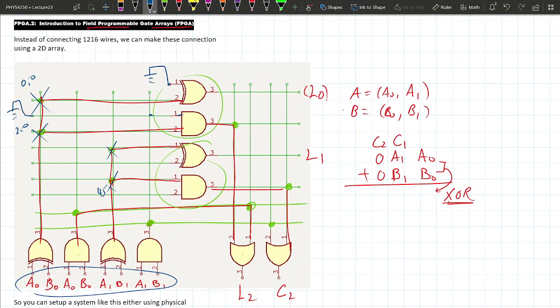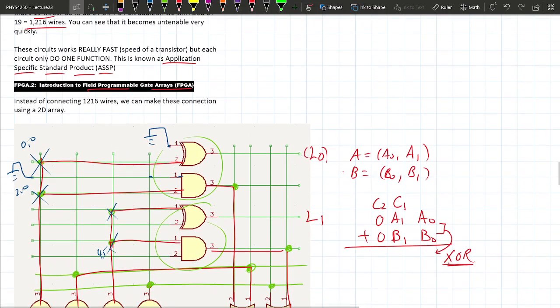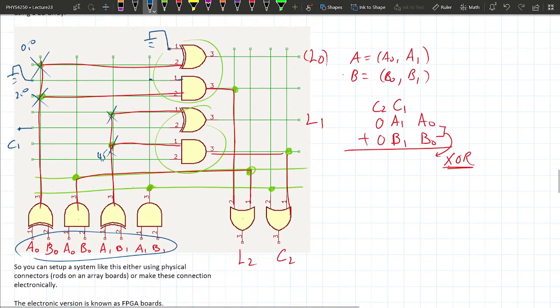Sorry. And then similarly, the second one, this second one will actually be the carry in from the first bit. So there are wires that you have to kind of go around, but it does have the functionality to do that. That's a good catch.